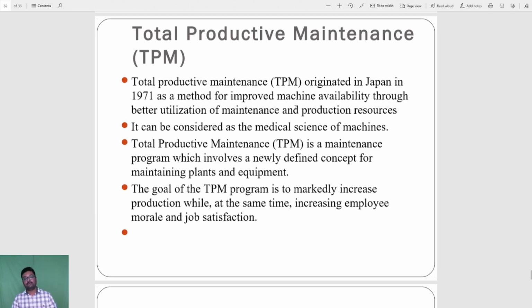Once we follow the schedule of TPM, we have very good satisfaction in the job as well as very good output.